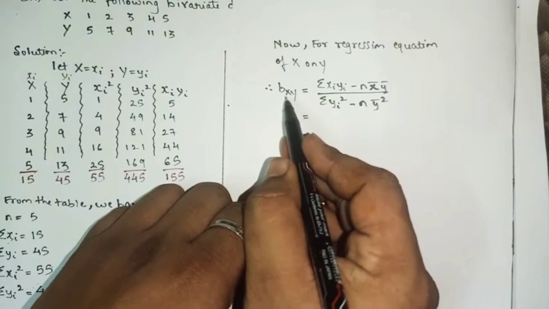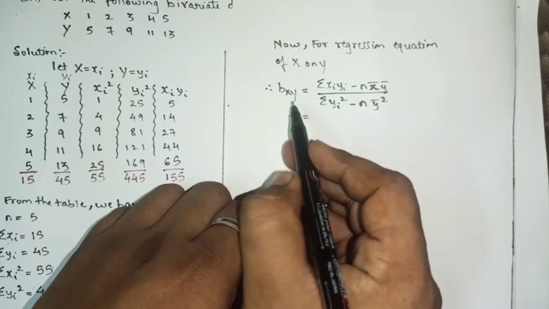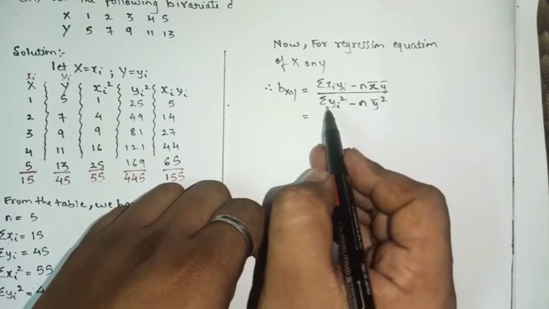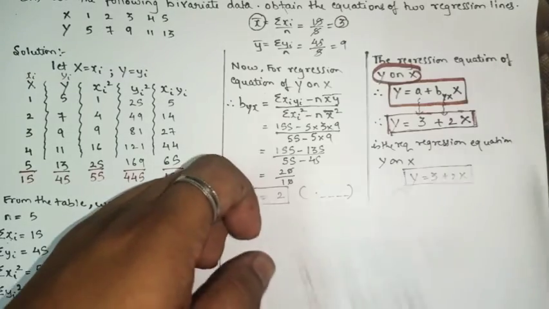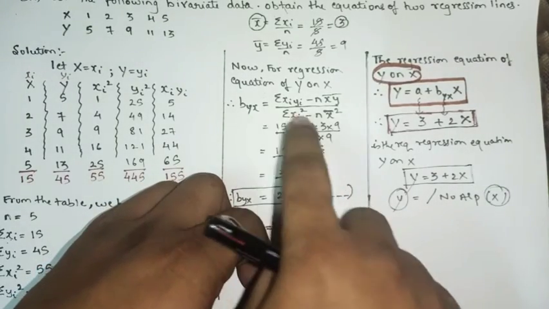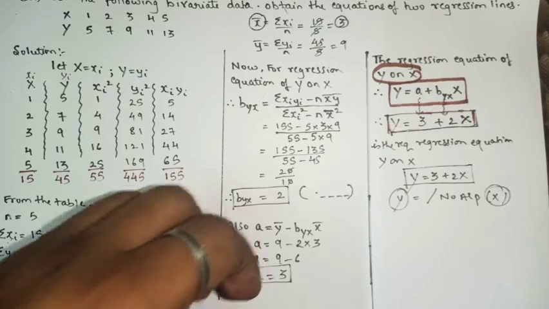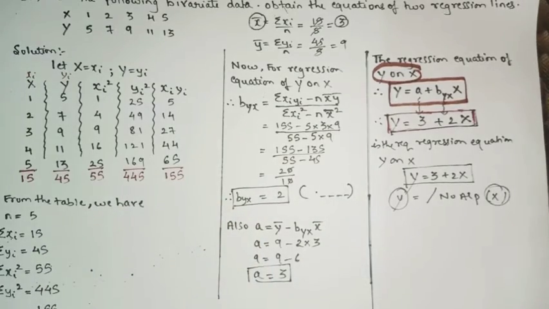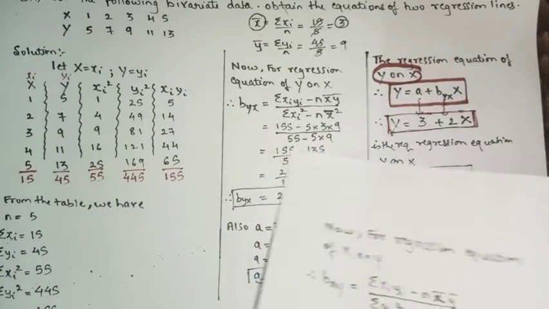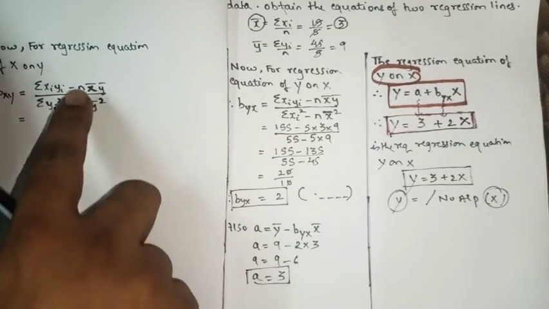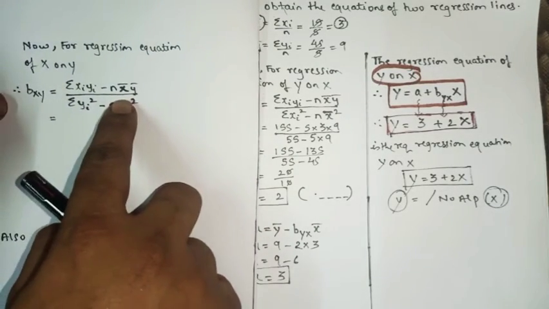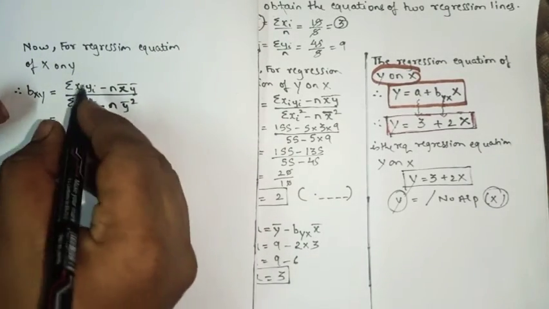So here b_xy, x on y, so the emphasis is on y, so that's why in the denominator y is there. Y on x, x is there in the denominator. Okay, so remember like this, as the numerator part for both sections is the same. Yes or no? So now to substitute the values, total of xi yi.